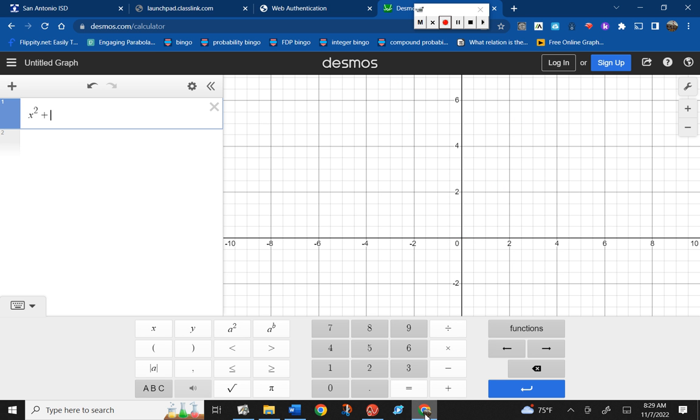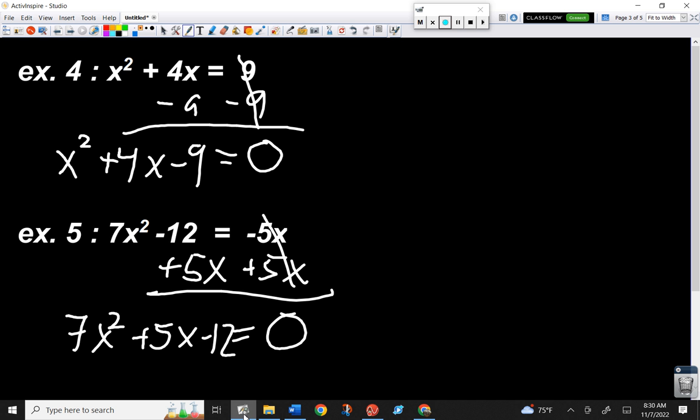I put a plus 4 and then a minus 9, and it changes the equation as you're doing it. Now this gives me negative 2.236 and positive 2.236.